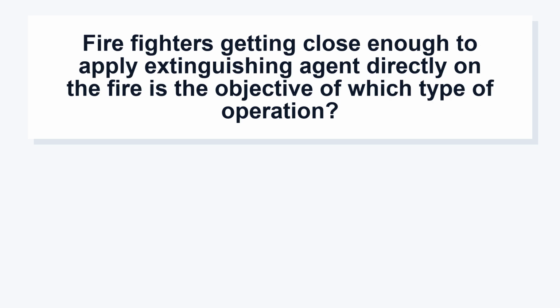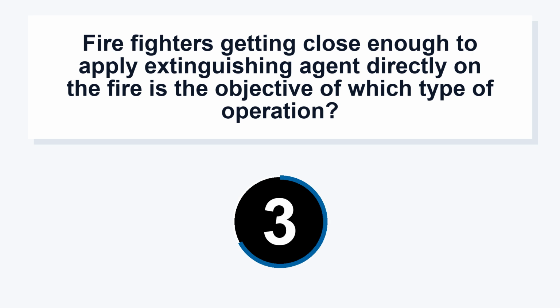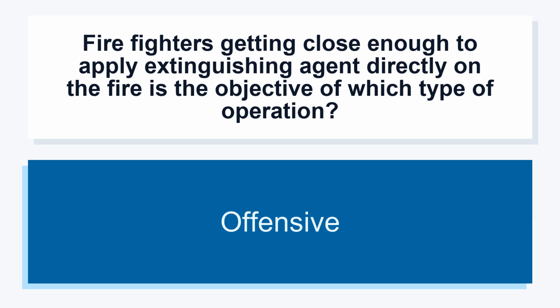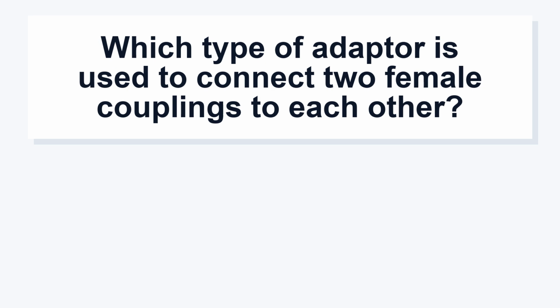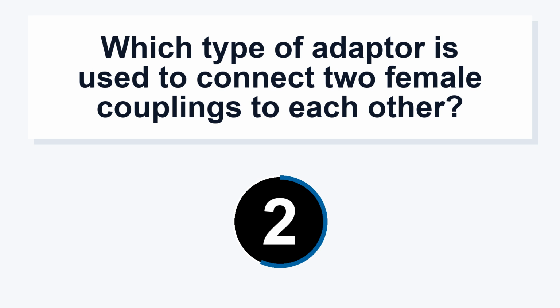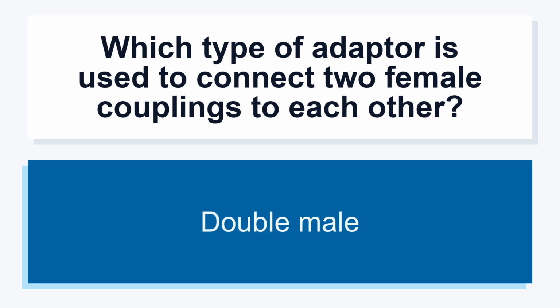Firefighters getting close enough to apply extinguishing agent directly on the fire is the objective of which type of operation? Offensive. Which type of adapter is used to connect two female couplings to each other? Double male.